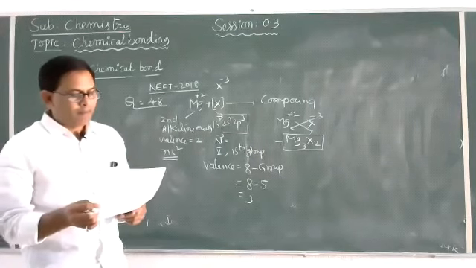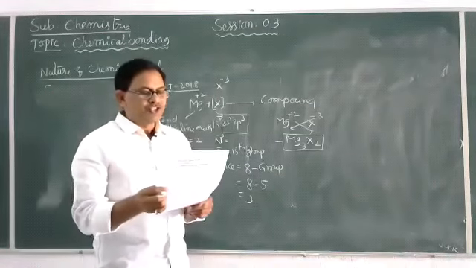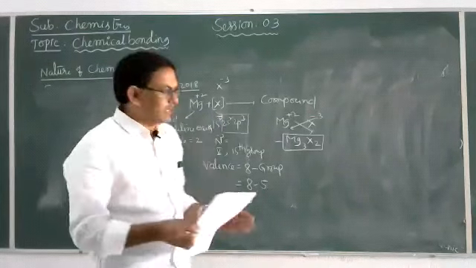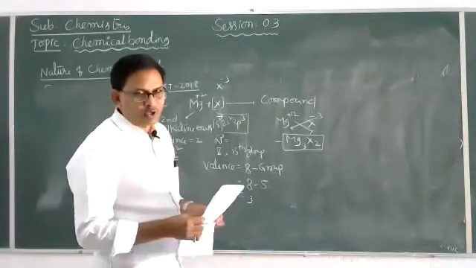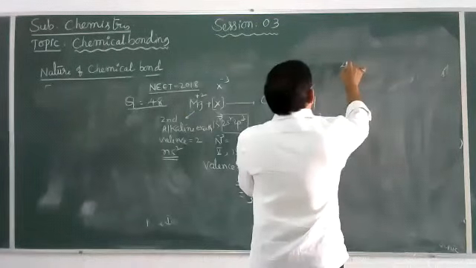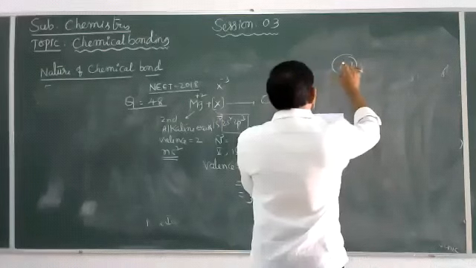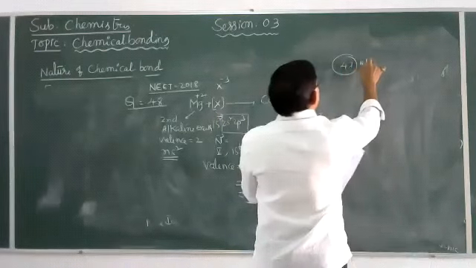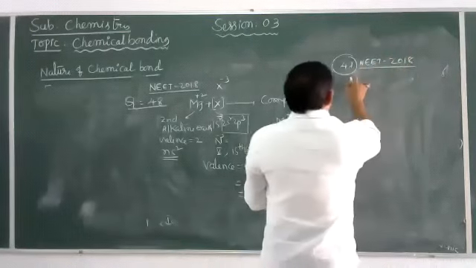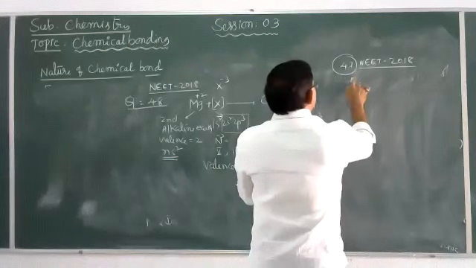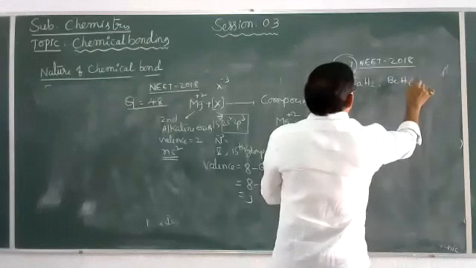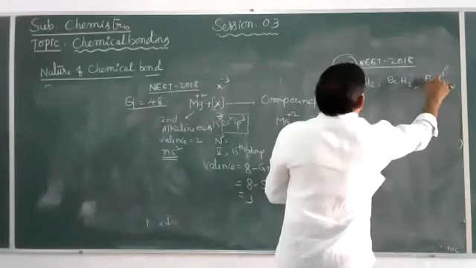Question number 47. Among calcium hydride, beryllium hydride and barium hydride, the ionic character is just now explained, ionic character and covalent character. Now question number 47 is also NEET 2018. Calcium hydride, beryllium hydride and barium hydride are given.